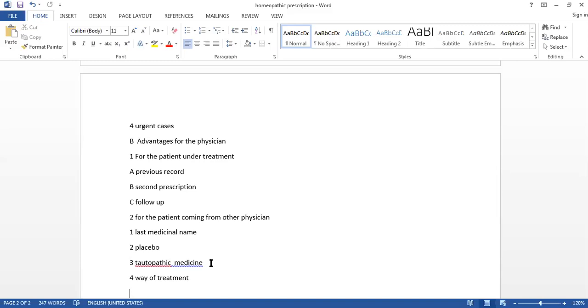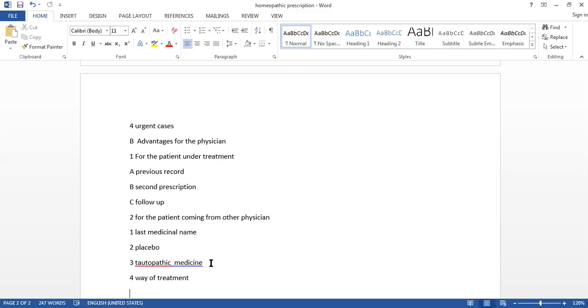So allopathic medicines, when you do the dynamization or the potentization, are known as tautopathic medicines, which can be administered to the patient for antidote purposes. So if he has taken streptomycin earlier, in that case you can give the potentized form of streptomycin, which is not readily available in the market.